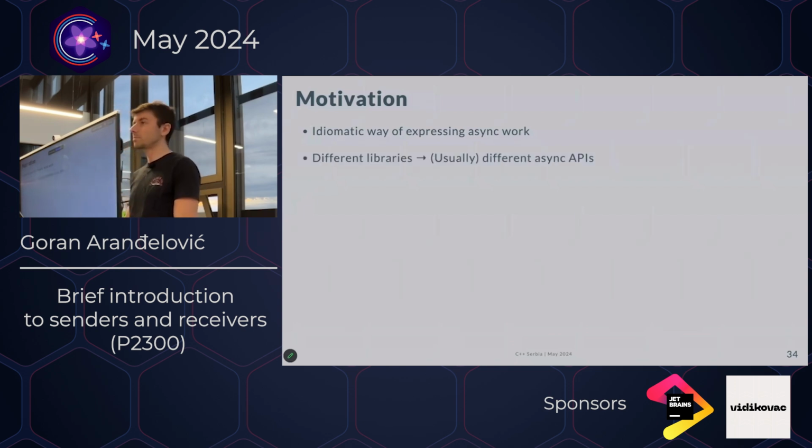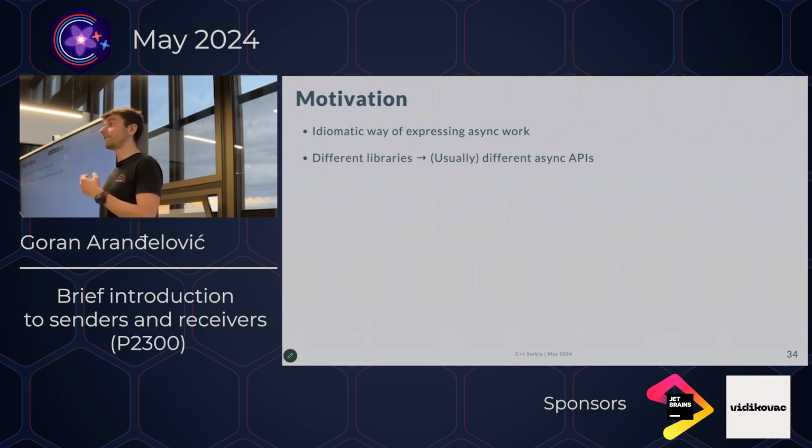And what is most important here, the motivation for them to create this proposal is that we have a lot of different async APIs around. The problem is that on different operating systems we have different fast or dedicated async primitives, right?